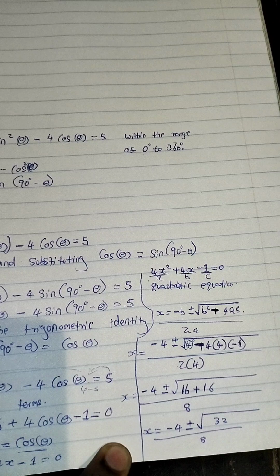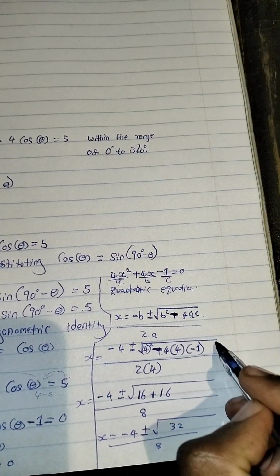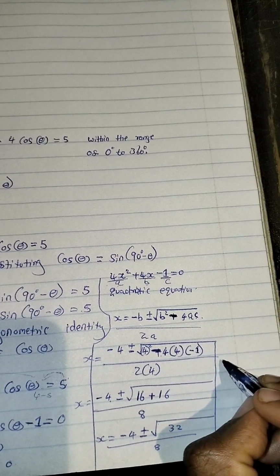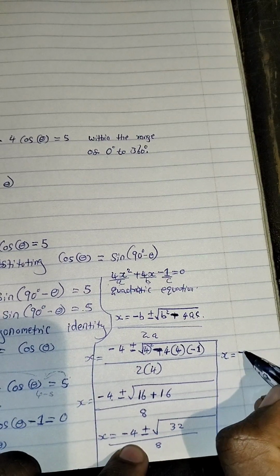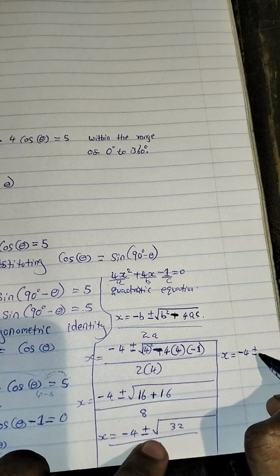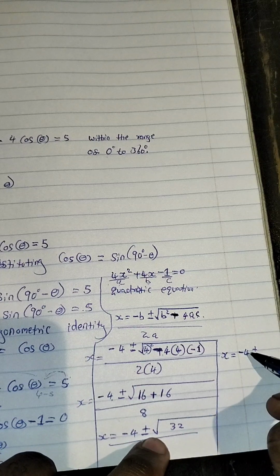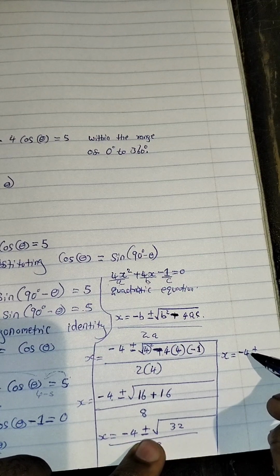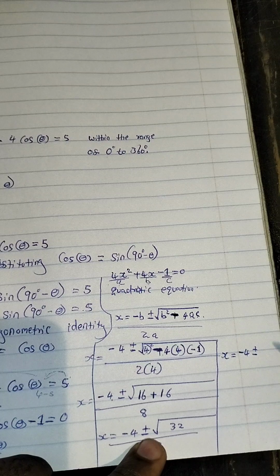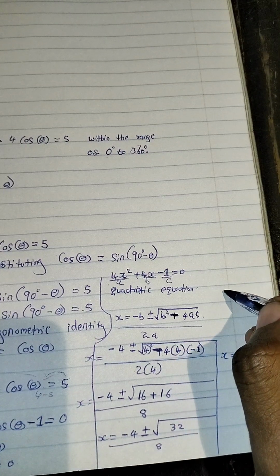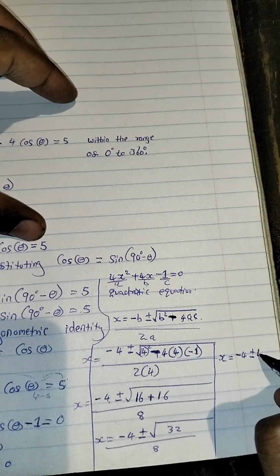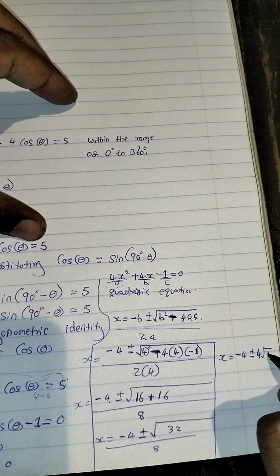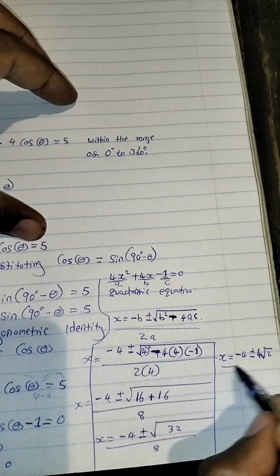Have you seen that? So I can conclude by saying x therefore is equal to minus 4 plus or minus the square root of 32, all over 8. If you punch it in your calculator, you can just use the surd form. The square root of 32 in surd form is 4 root 2, over 8.